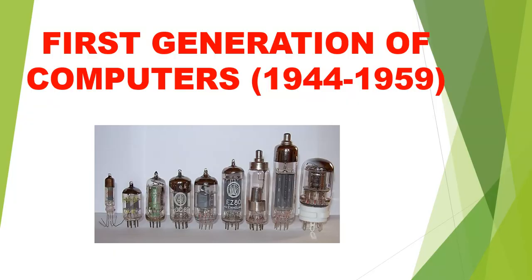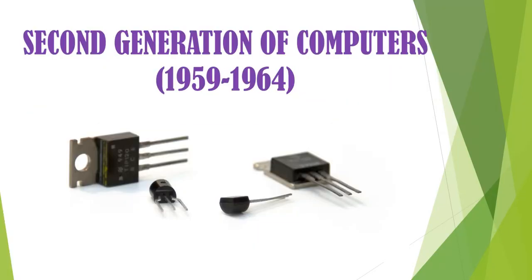And then the second generation came, and it used a new technology. The computers of the second generation used transistors instead of the vacuum tubes. You can see how the transistor looks in the picture in front of you.